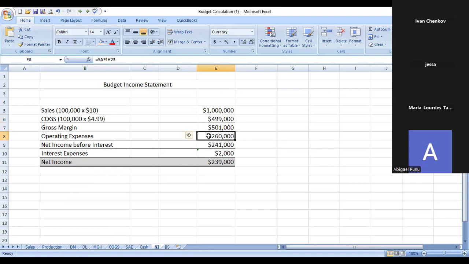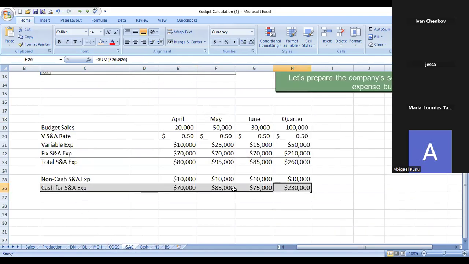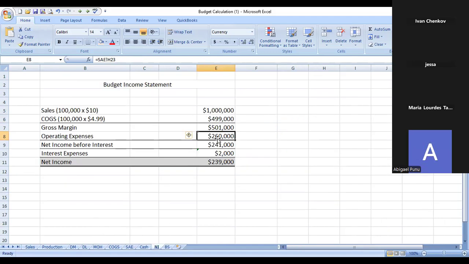Next thing that we have to see is how much our operating expenses are. For the sales administrative expenses, we're going to come here and we're going to see that our operating expenses are $260,000. We're going to incorporate 260 and we're going to get the income before interest.